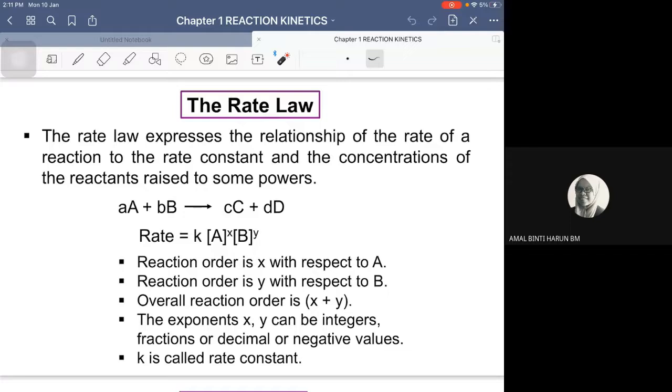Okay. I repeat, rate law menghubungkan antara rate, constant dan juga concentration of reactant. Okay, concentration can be concentration in molarity or also expressed as pressure. Okay, kenapa ada order? Order ni tak sama dengan stoichiometry coefficient.